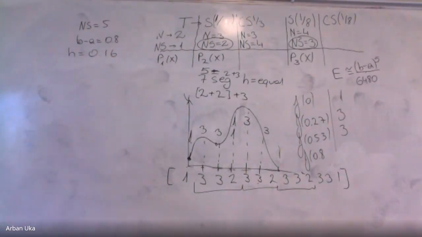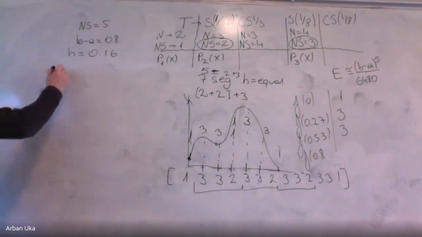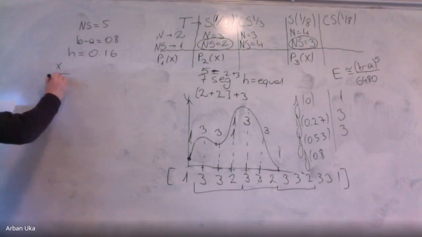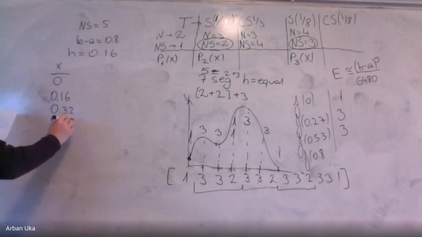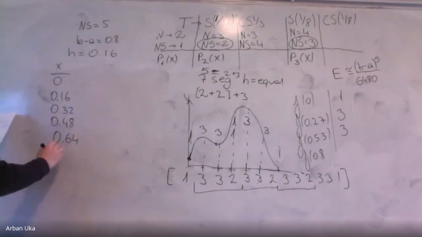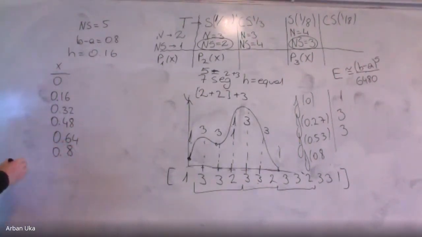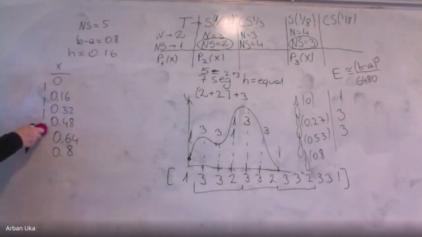So let's assume that this is the case, and then the points of interest will be the following. We have x equal to 0, 0.16, 0.32, 0.48, 0.64, and what is left, 0.8. So this makes 1, 2, 3, 4, 5. So we get 5 segments as we expected.